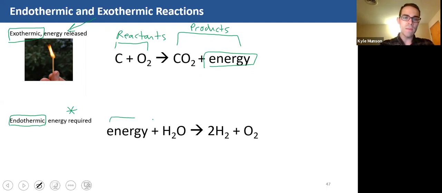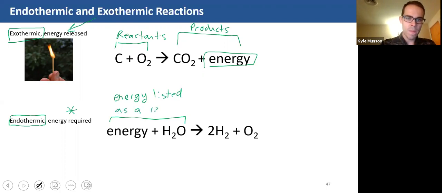So energy is listed as a reactant, okay? It's now something that we need to start with in order to get the reaction going.